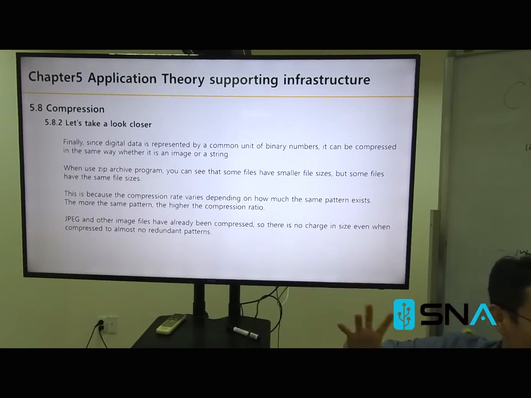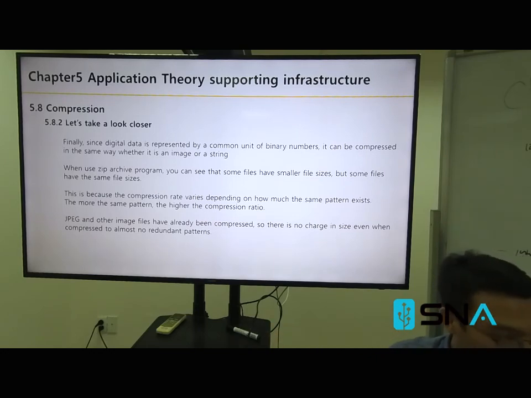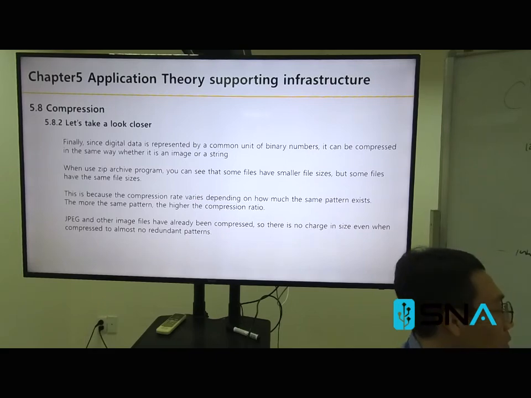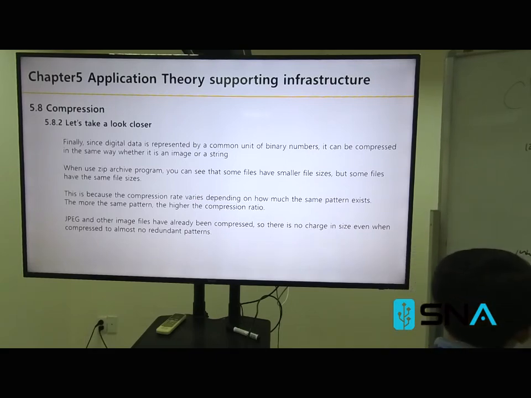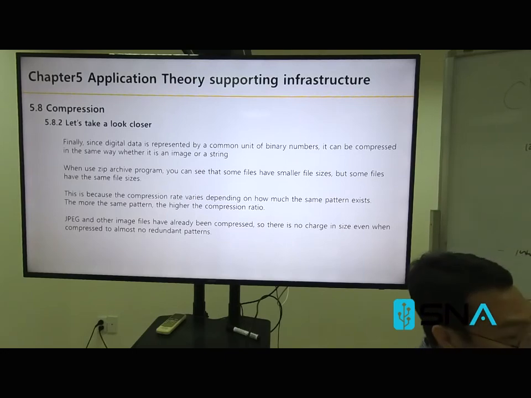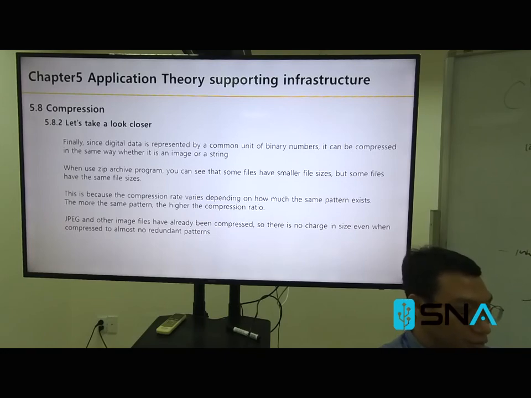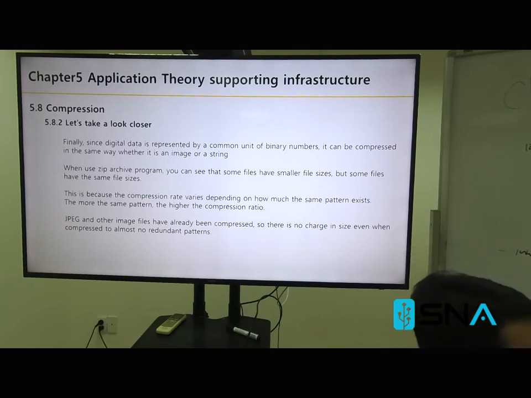Normally, a compressed archive has a way to compress and a way to decompress. Actually, this same architecture is used in Java. When using Java, you can see the Java jar file. Maybe this is the first time you see this Java jar file.